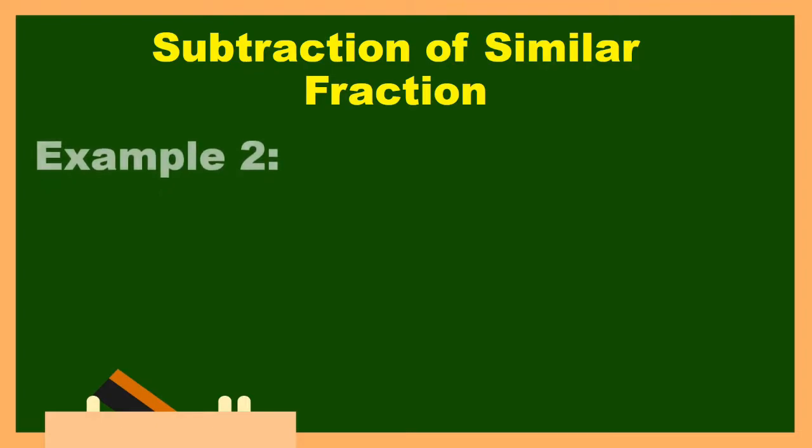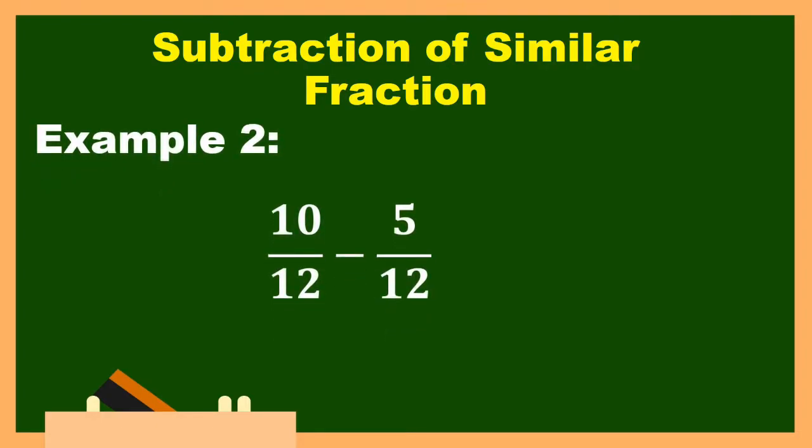Another example, 10 over 12 minus 5 over 12. Again, just subtract the numerators and just copy the common denominator. So 10 minus 5 is equal to 5 and copy the common denominator, which is 12. So the final answer is 5 over 12.